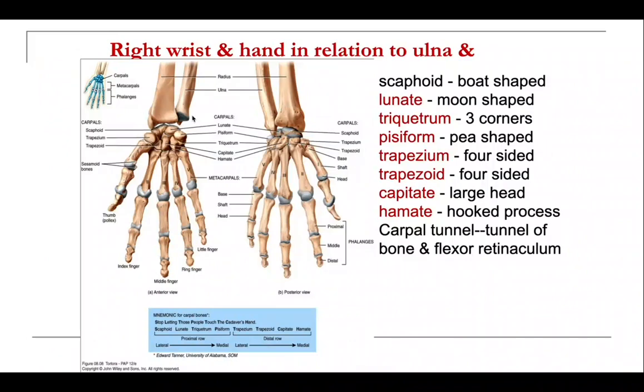So here you can see where you've got those carpals lined up. And then up in here where you would have the carpal tunnel. It's the tunnel of the bone and the flexor retinaculum. So it basically is going to be a band that wraps around the wrist and holds a little bit of an arch in there for things to be able to pass through.